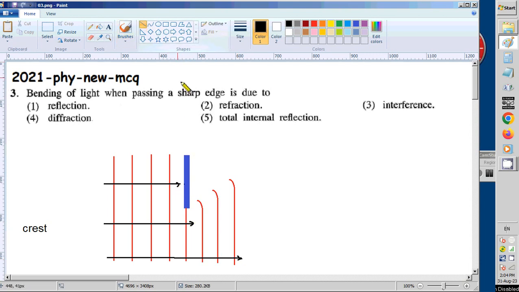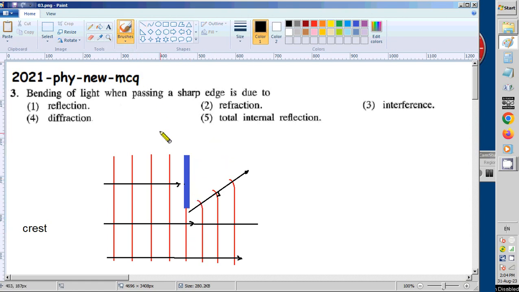Closer to this edge, the direction is this way, because the rule to find the direction is to draw a normal, that means a perpendicular line to the wave front. You can see the waves spread like this after passing this edge.